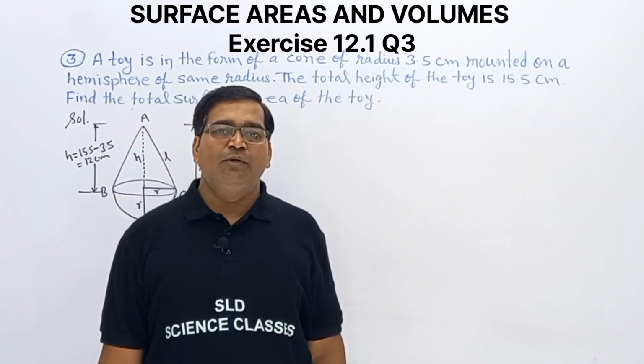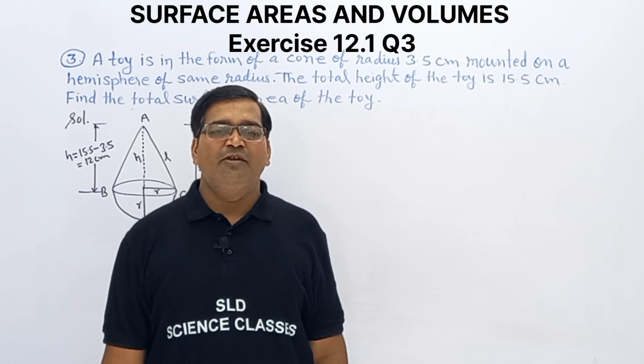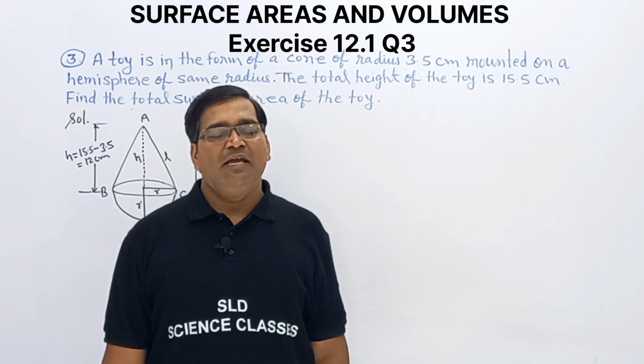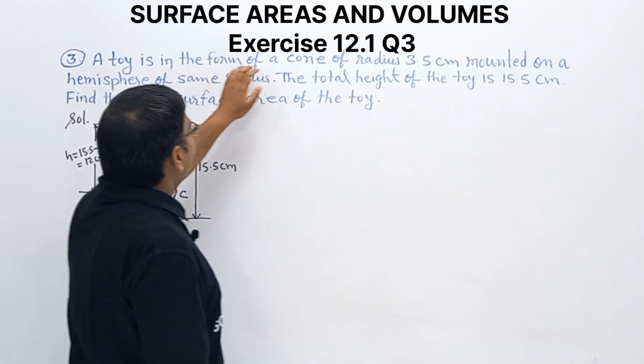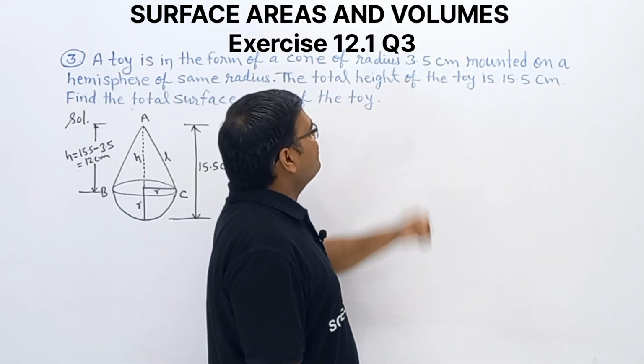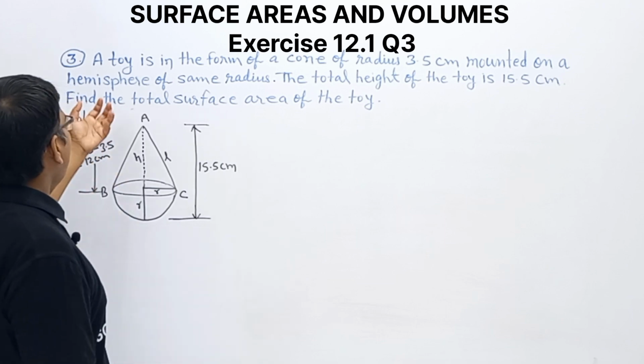Today we are going to discuss question number 3, exercise 12.1, surface areas and volumes. Observe this question. A toy is in the form of a cone of radius 3.5 centimeter mounted on a hemisphere.